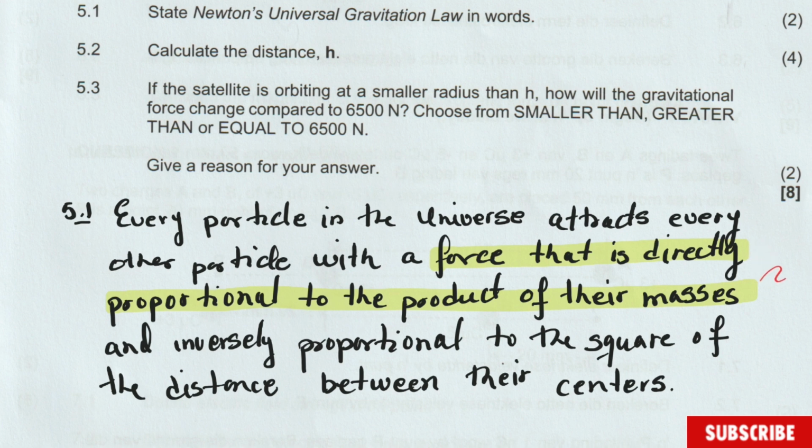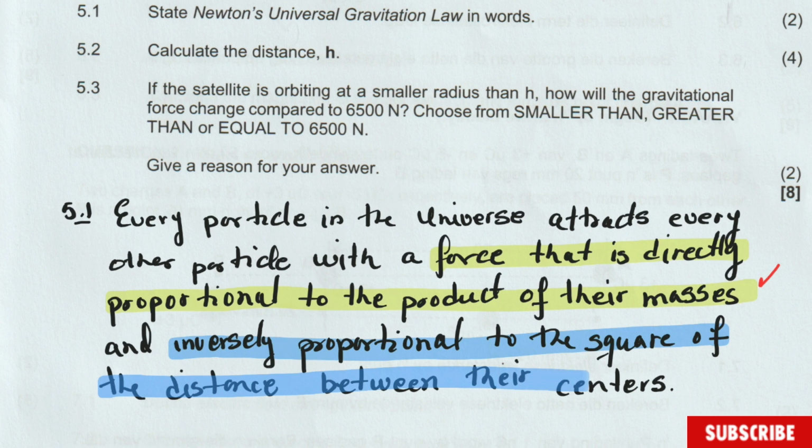And the second mark is for saying that the force is inversely proportional to the square of the distance between the centers. Please, the important thing: I've seen very good learners forgetting the word square and losing 1 mark. Be careful with that one.